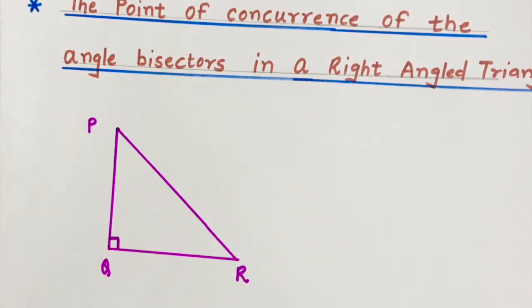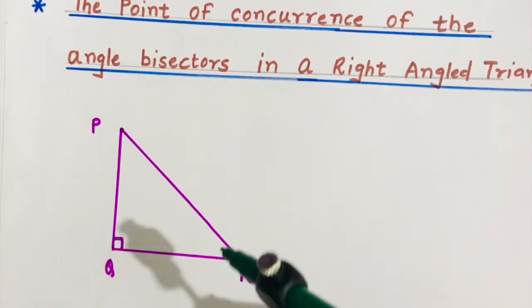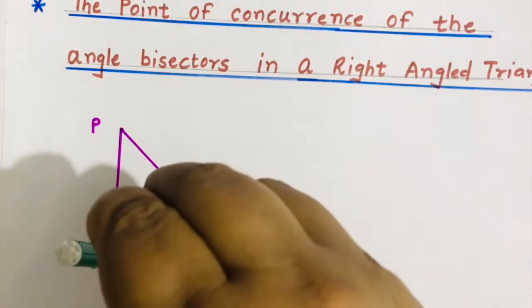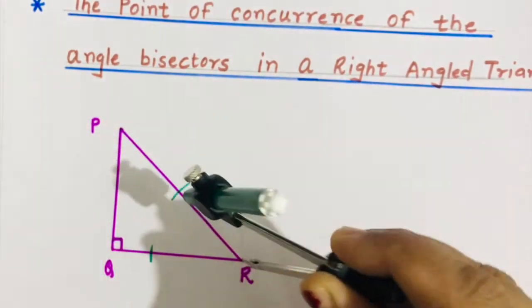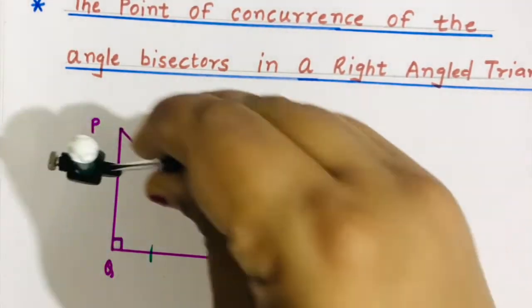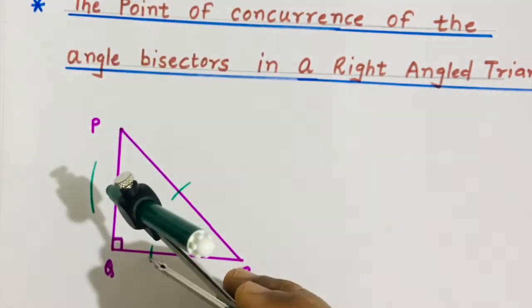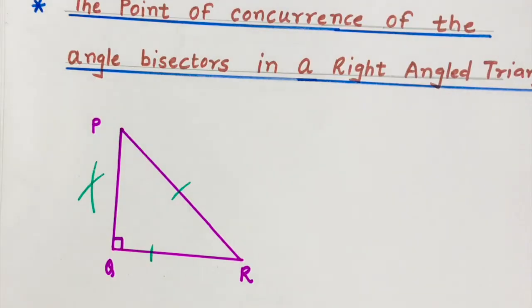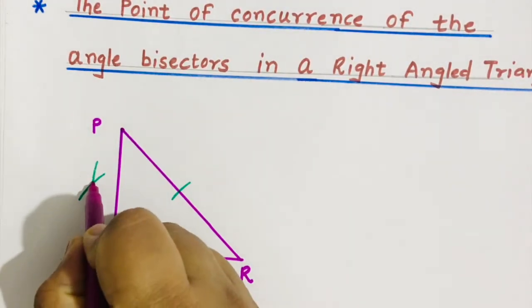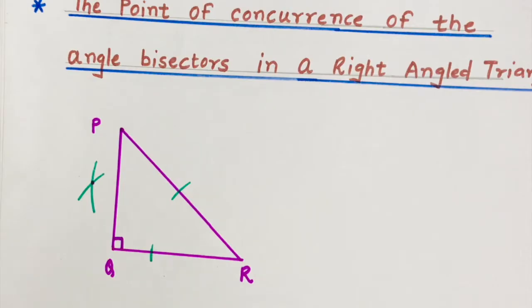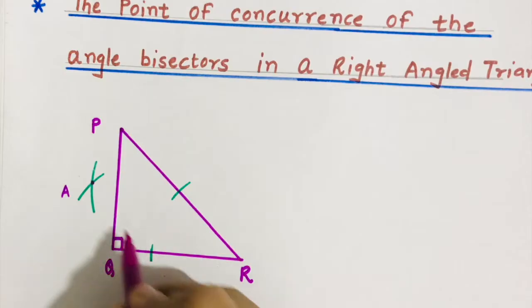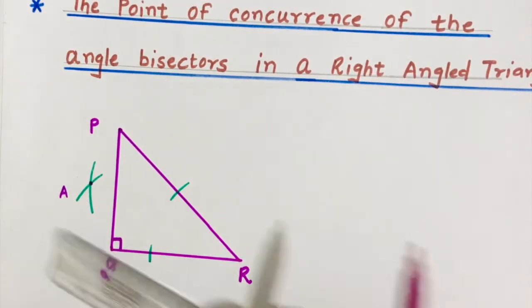Now we need to draw the angle bisector of all three angles. So first of all, we'll draw the angle bisector for angle R. This intersecting point you can name as A. Join RA.